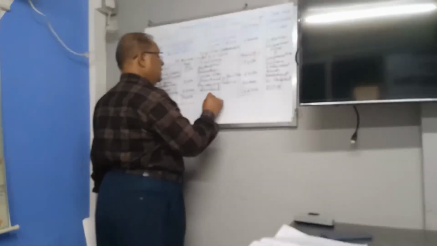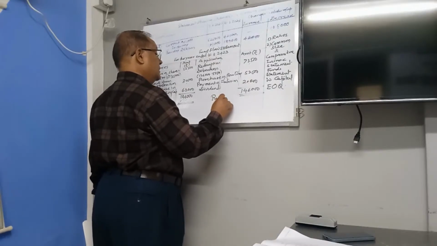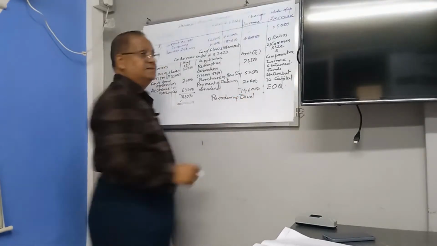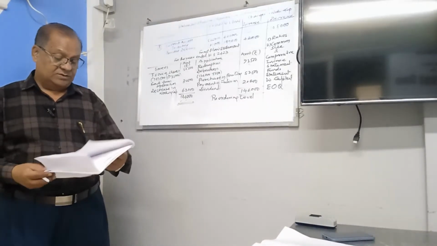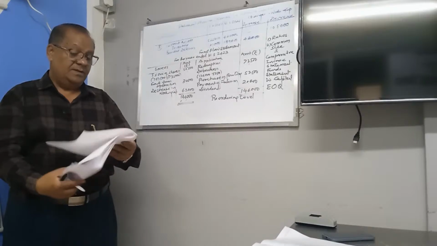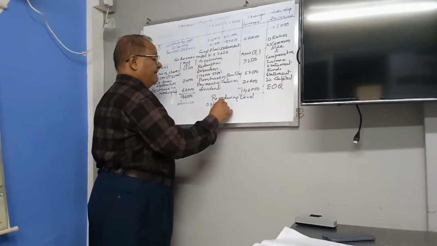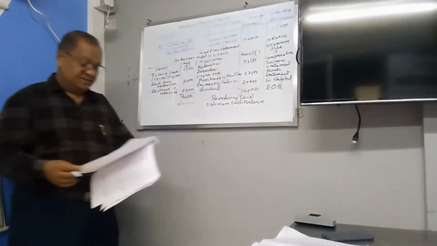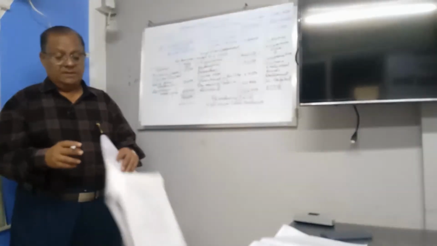Then reordering level, that is minimum level, maximum level, reordering level. Like that they can ask you problems. And one problem they will ask you is the optimum cash balance. So like that they can ask problems in your papers.